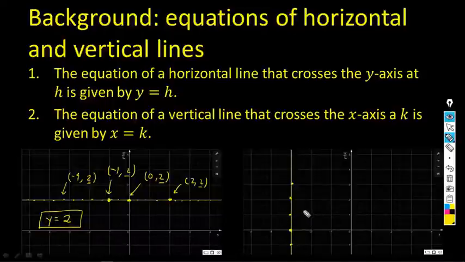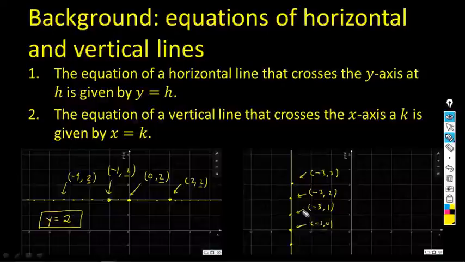For example, this point is minus 3 comma 1. This point is minus 3 comma 2. This one is minus 3 comma 3. This one is minus 3 comma 0, etc.